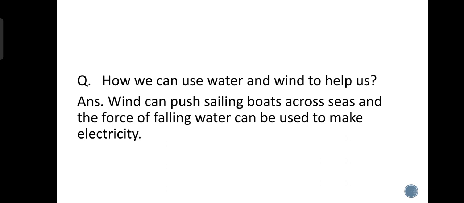Wind and water can be used as forces, and these two forces help you in your daily life in different ways. How do they help you? Wind can push sailing boats across seas, and the force of falling water can be used to make electricity. Okay, that's all for today's lecture.